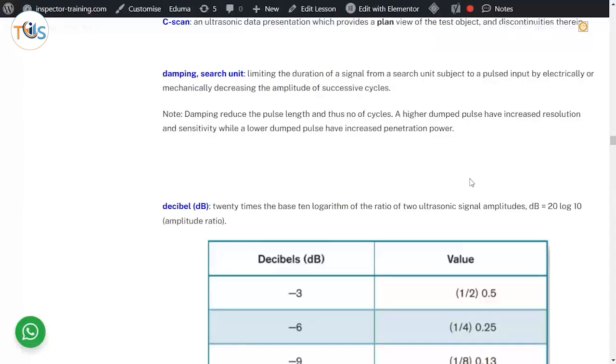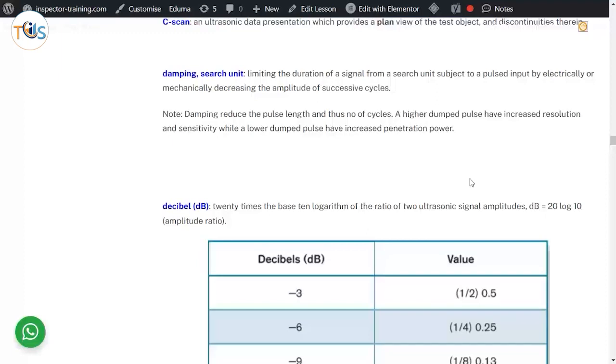Practically, by electrically or mechanically decreasing the amplitude of successive cycles. A higher damped pulse has increased resolution and sensitivity, while a lower damped pulse has increased penetration power, because you're sending too many sound waves, so you are penetrating better.